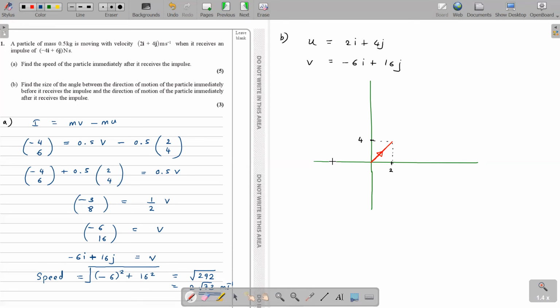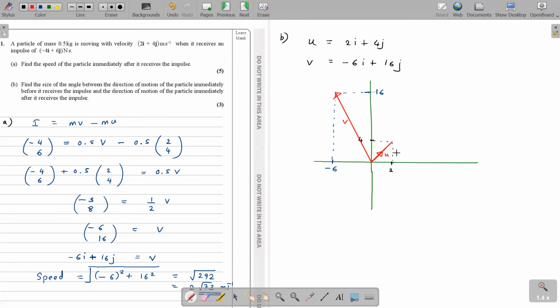So minus 6 is somewhere over here, let's say, plus 16, let's say it's somewhere over here. Okay, so this is your final velocity. So initial velocity and final velocity we have.